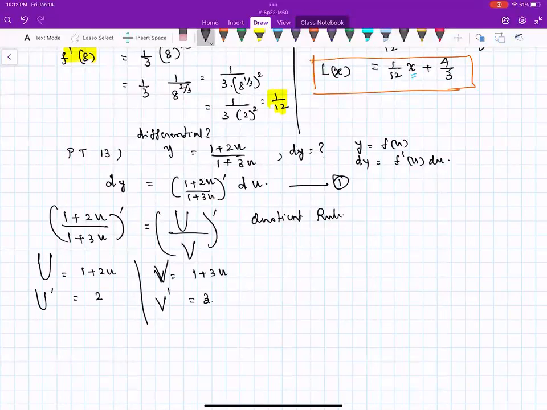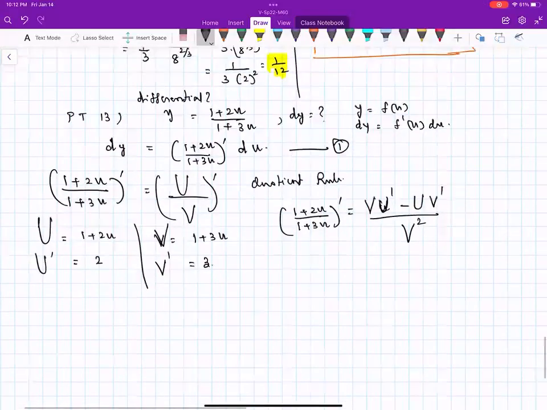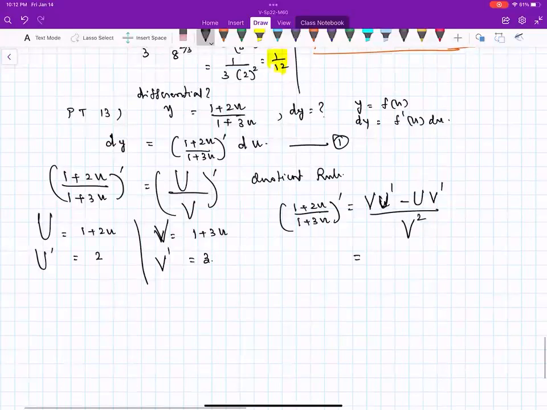When I apply the quotient rule, the derivative is the denominator times the derivative of the numerator, minus the numerator times the derivative of the denominator, over the denominator squared. I'm using uppercase U and V because lowercase u is used in the problem.